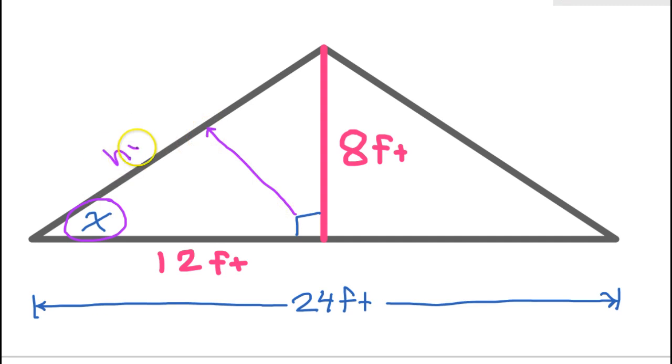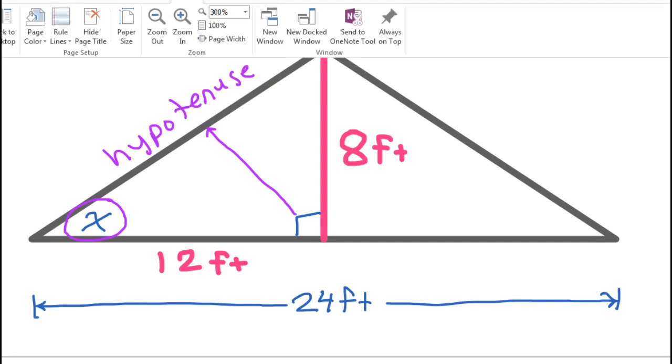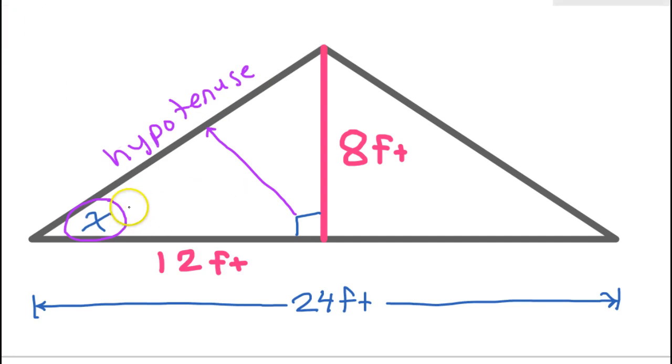So this is the hypotenuse. Next we will label opposite and adjacent. Across from the angle that we just circled will always be the opposite leg. Right next to the angle is always going to be the adjacent leg.